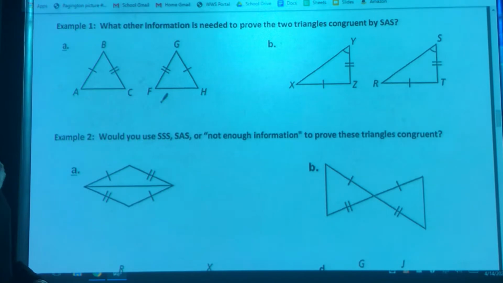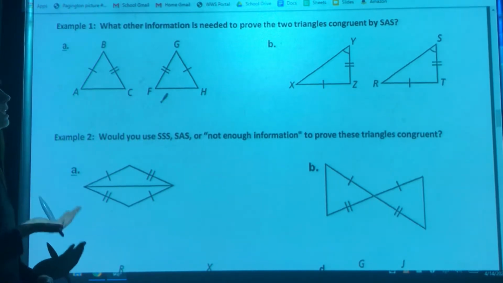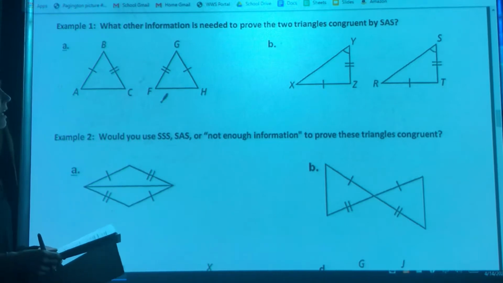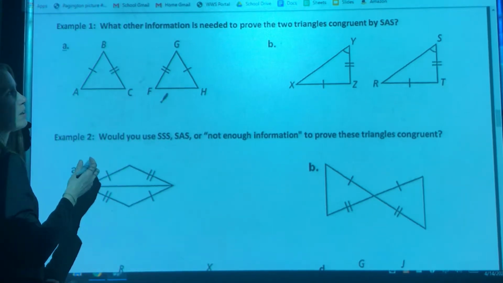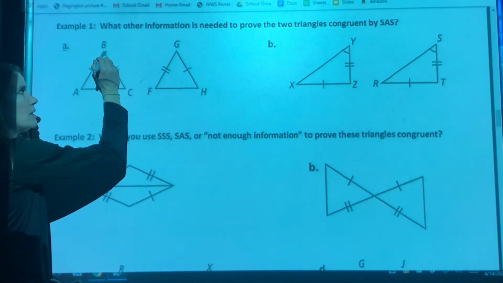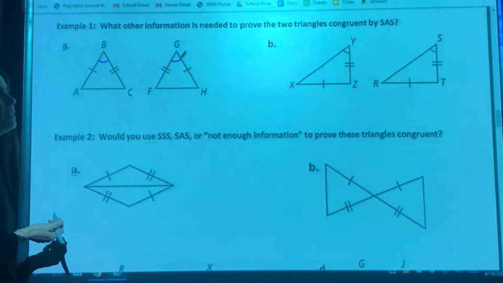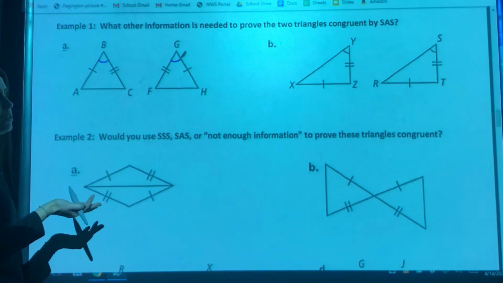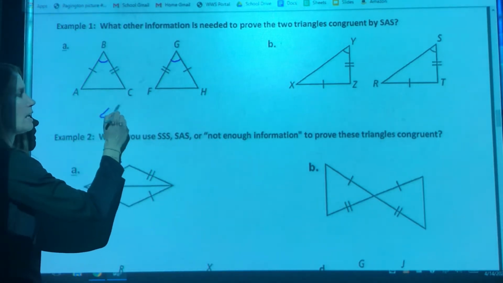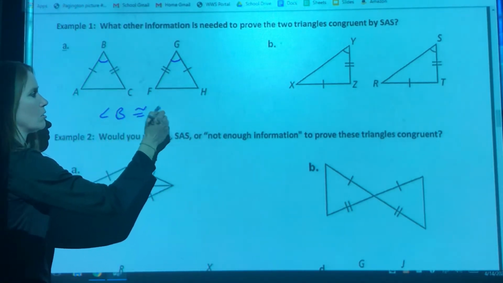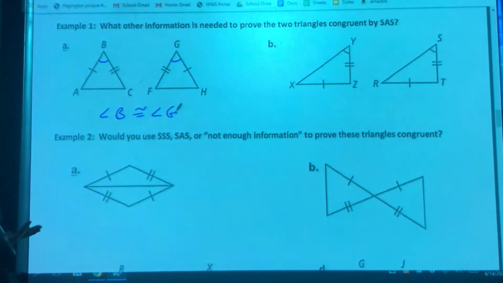So they're asking, what is that 3rd piece of information that you need to know for each triangle to say the 2 triangles are congruent by side angle side? And so I'm going to go and mark on my picture what it should be. It should be these included angles would need to be congruent to say the 2 triangles are congruent by side angle side. So angle B is congruent to angle G is that extra piece of information that I would need.